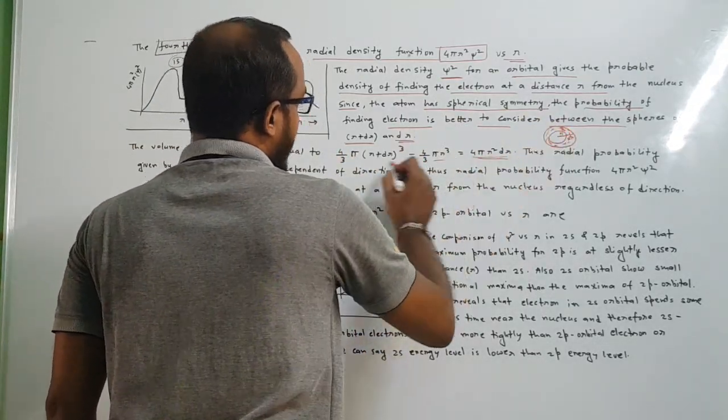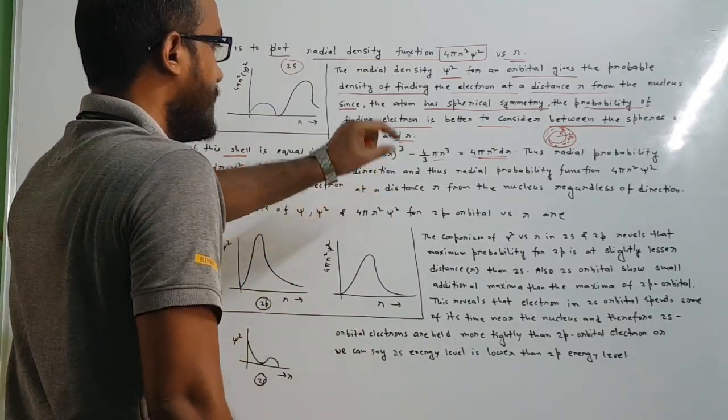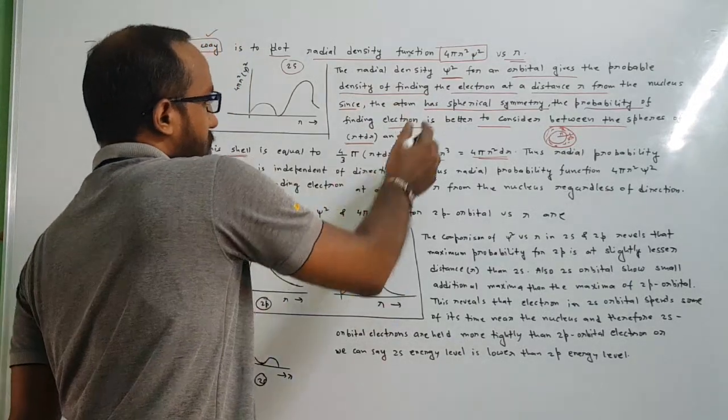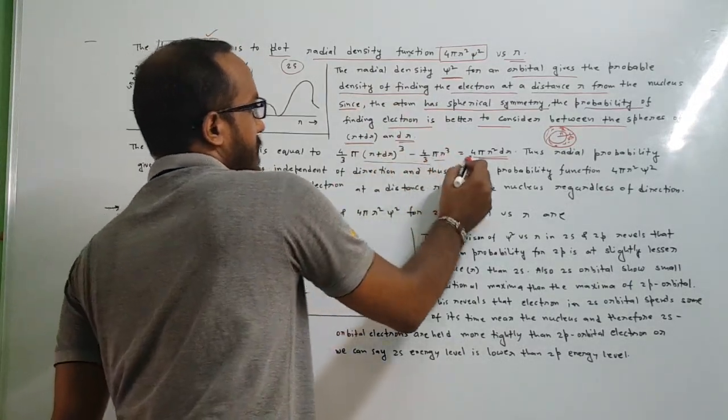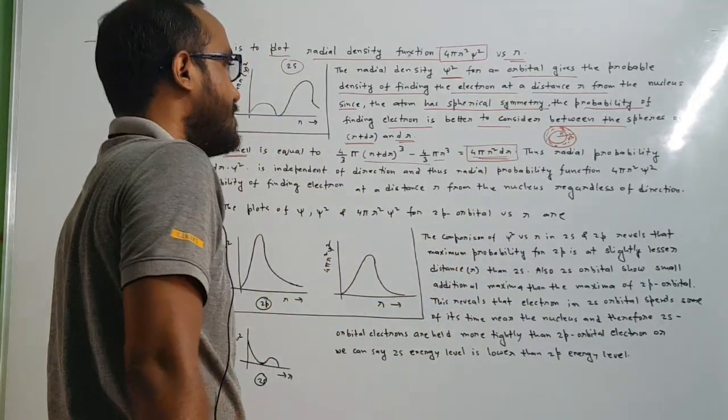After binomial approximation, because dr is small, dr cube will also be very small, so we can ignore it. After approximation this comes out to be 4 pi r square dr.